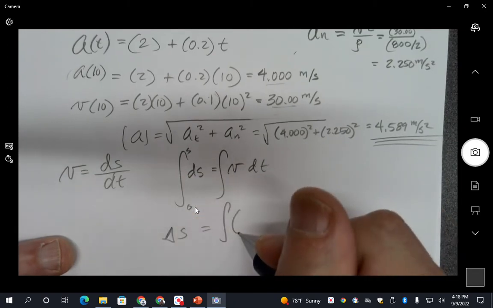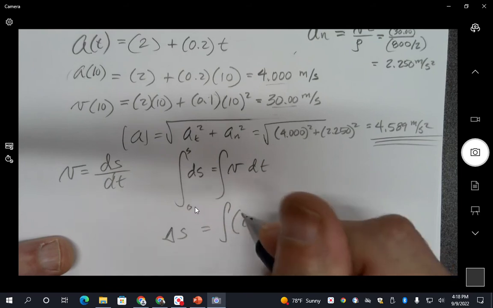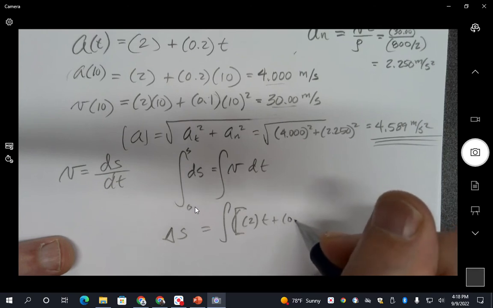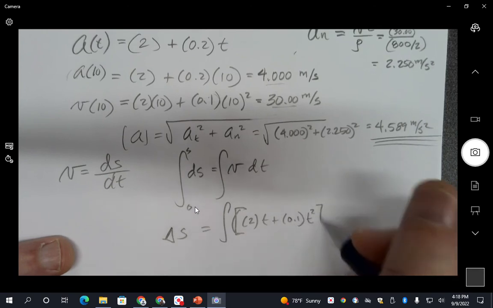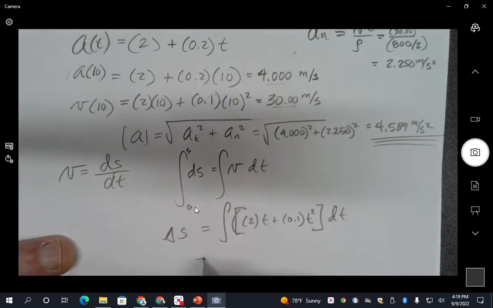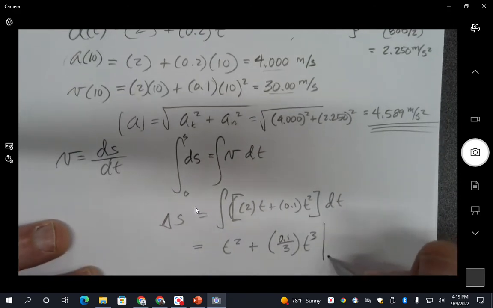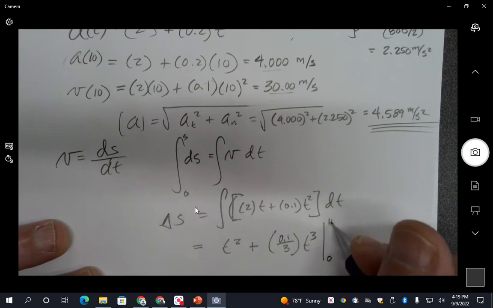We're going to take the integral of, I like to make it a bracket sometimes, 2t plus 0.1 t squared dt, which ends up being t squared plus 0.1 over 3 t cubed, going from 0 to 10 seconds.